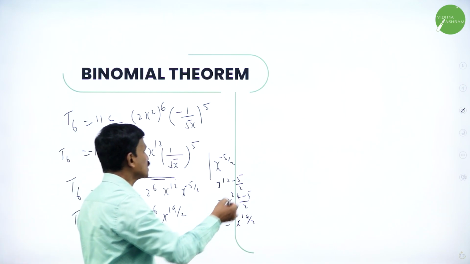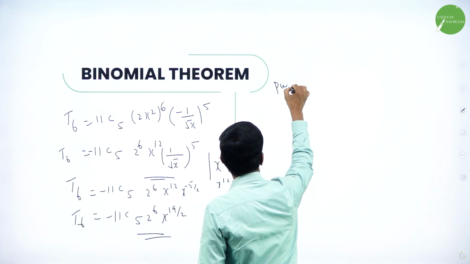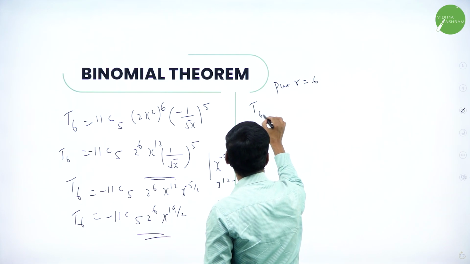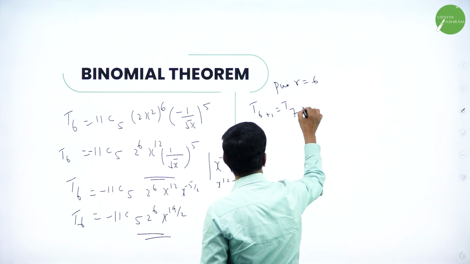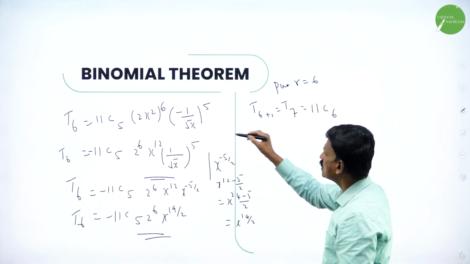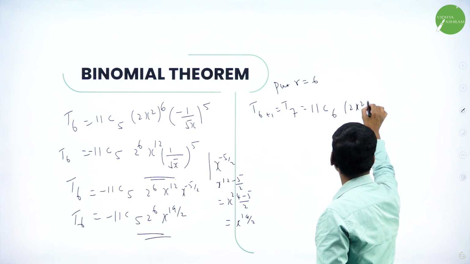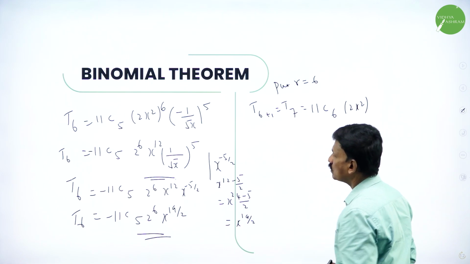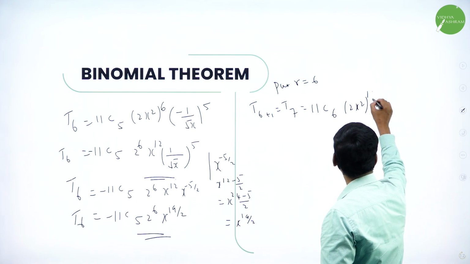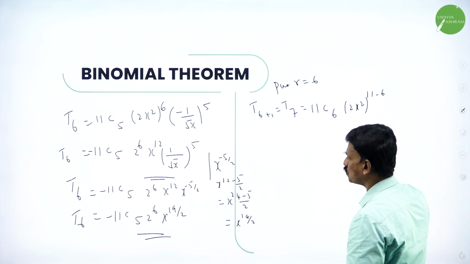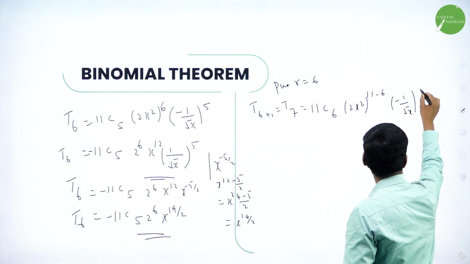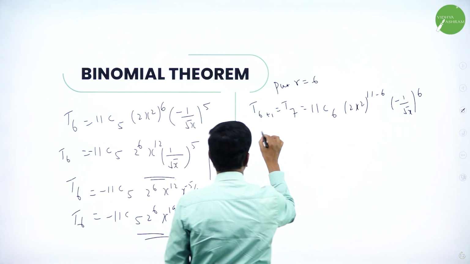Now next, to find the seventh term, put r is equal to 6. So you will get 6 plus 1, that is T7, the seventh term, 11C6 (2x²)^(11−6) into (−1/√x)^6. Simplify this.